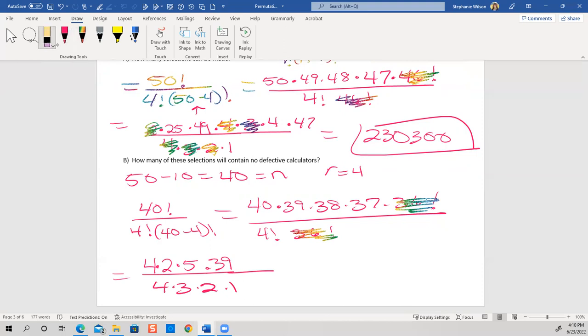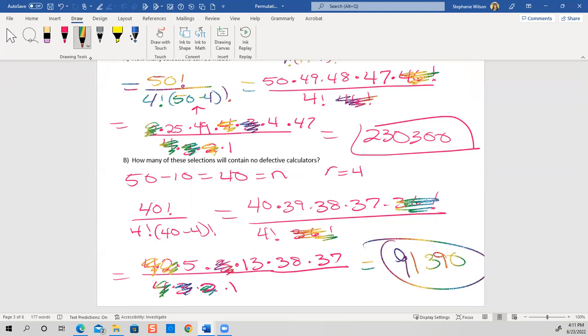Well, 39, 3 will go into it. It'll go into it 13 times. Times 38 times 37. Let's finish this out. So my 4 reduces, my 2, my 3. Oh, we did great. Now we got 5 times 13 times 38 times 37. And that is my answer. So these are the selections that will contain no defective calculators.